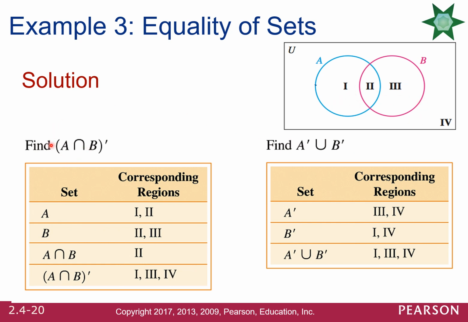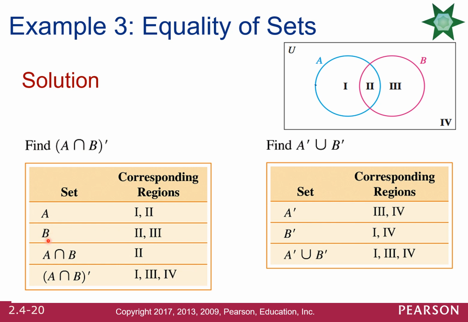So first, they're trying to find the complement of A intersection B, kind of the way we worked, all right? So again, for set A, the corresponding regions are 1 and 2. So that means all elements that belong to set A can be found either in region 1 or region 2, and they have the two regions here.